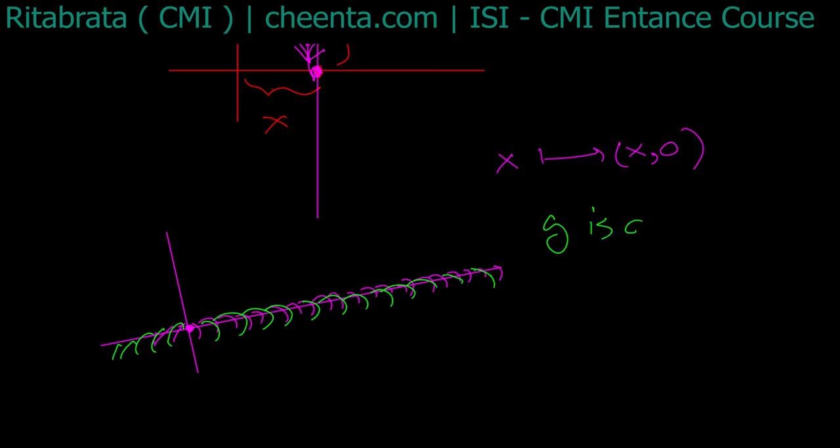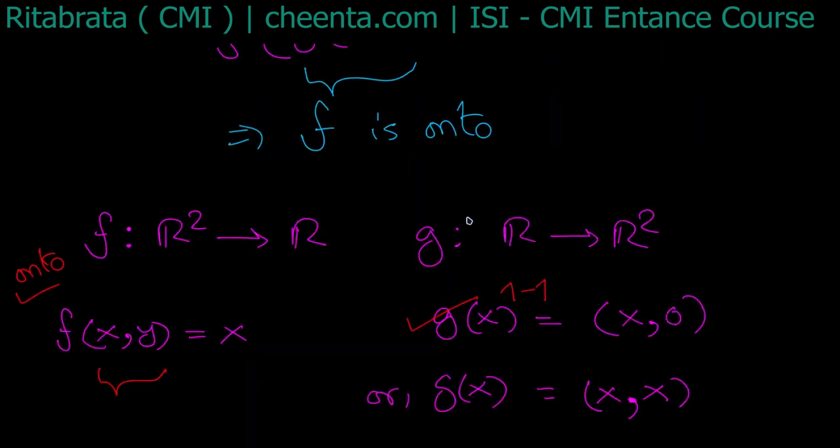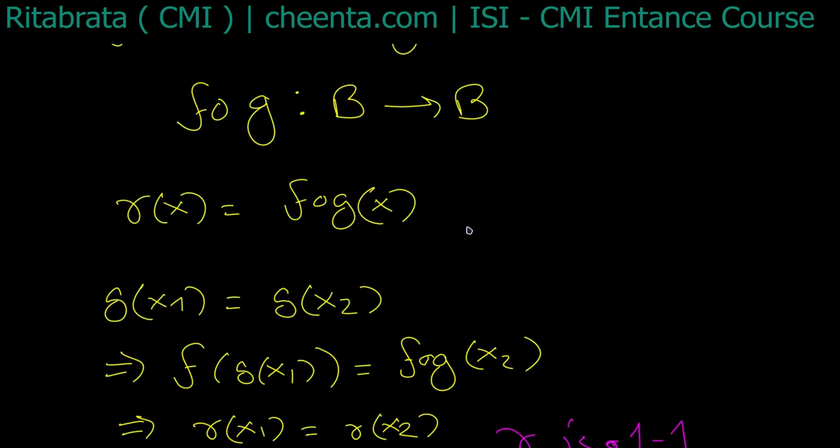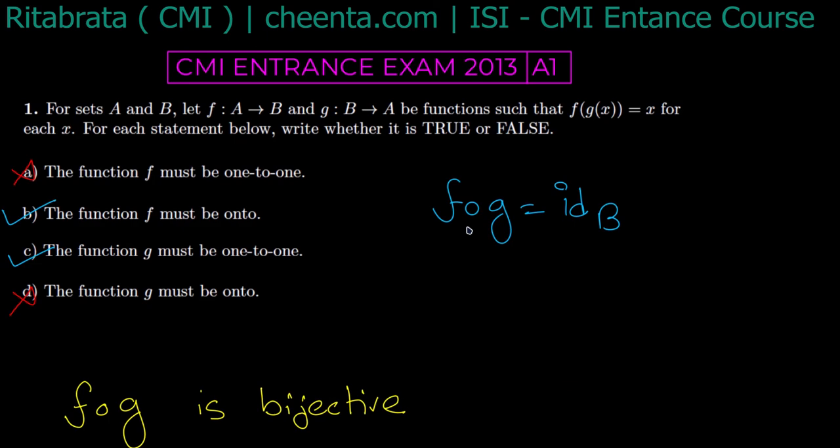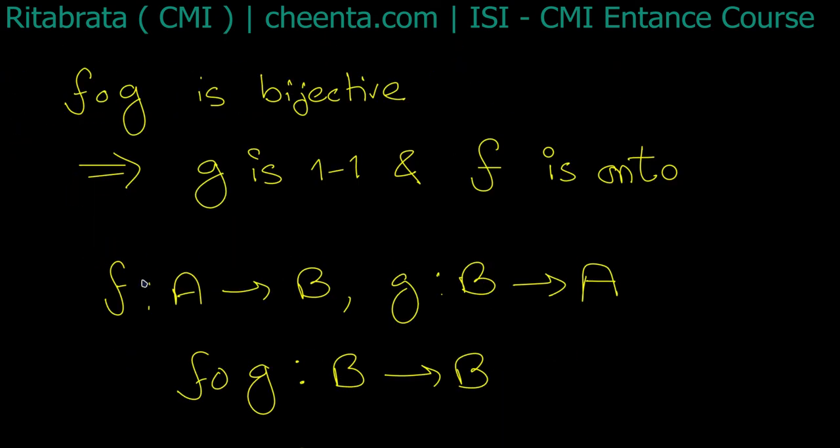So g is not onto, f is not 1-1, but we have f of g is identity. So f of g is identity, but f need not be 1-1 and g need not be onto. So that's it, and we are done.